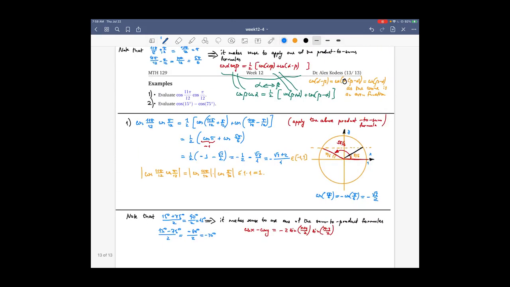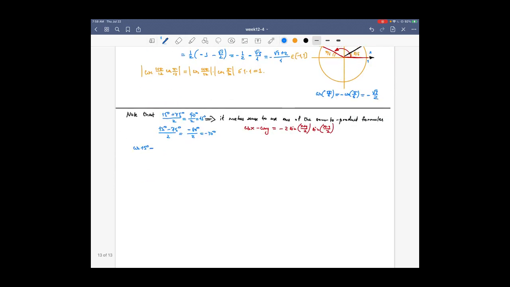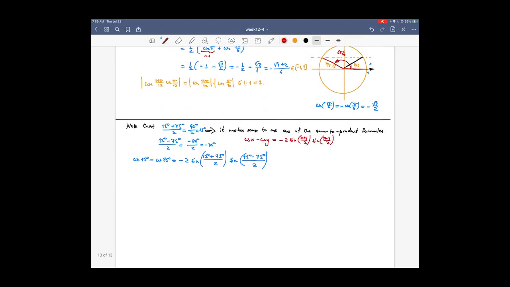So by this formula, cosine of 15 degrees minus cosine of 75 degrees will be negative 2 sine of half the sum, 15 plus 75 over 2, times sine of half the difference, so 15 minus 75 degrees over 2. We have applied the formula.